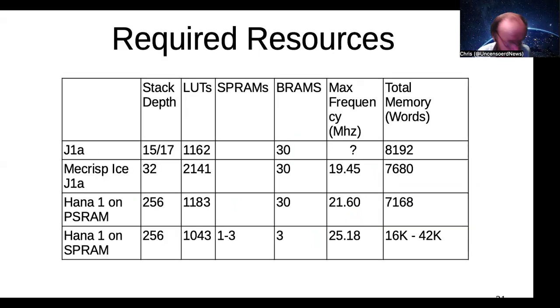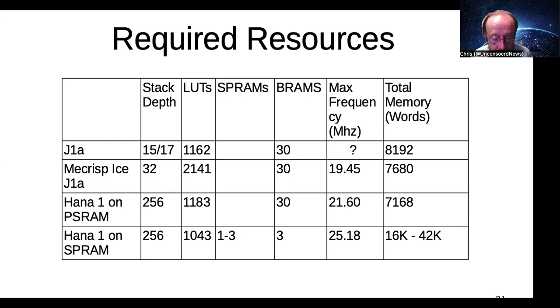So there are some interesting results here. The J1A has a great reputation for being a really small CPU, coming in at 1100 LUTs. microSPICE, well, they use way too many LUTs, they have way too large stacks. So okay, that's way too big. But on HANA 1 with PSRAM, I could move those LUTs to the BRAM, so that made them a lot smaller, just a tiny bit bigger than the J1A.